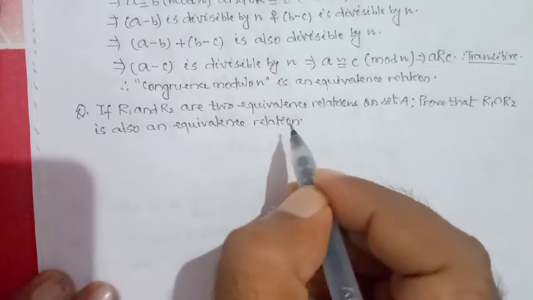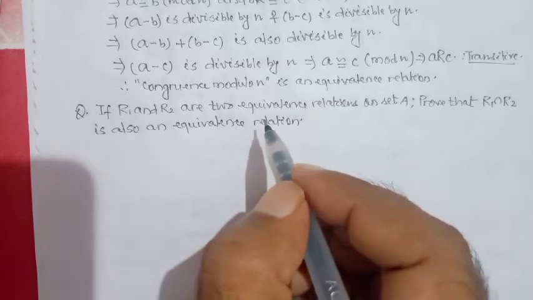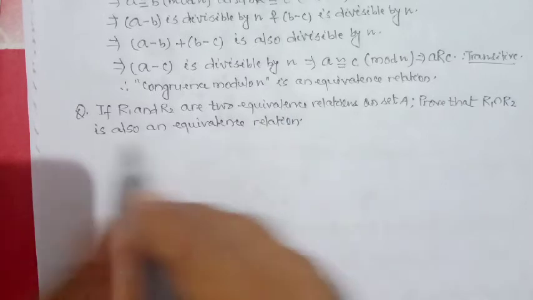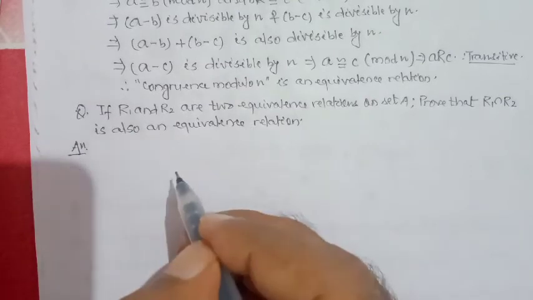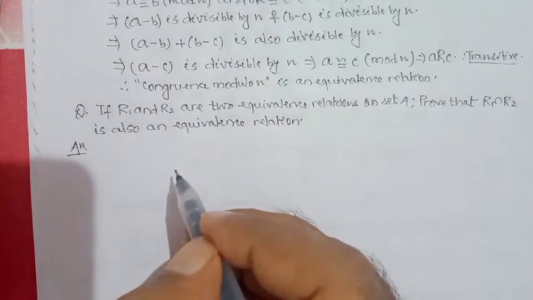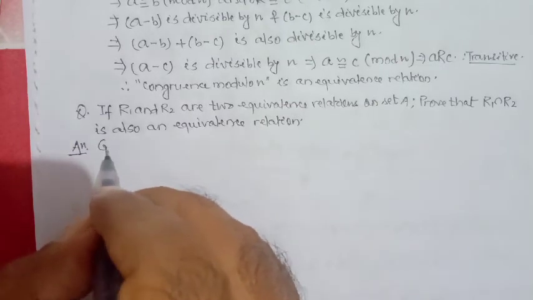If R1 and R2 are two equivalence relations, see children, first R1 is also a relation.